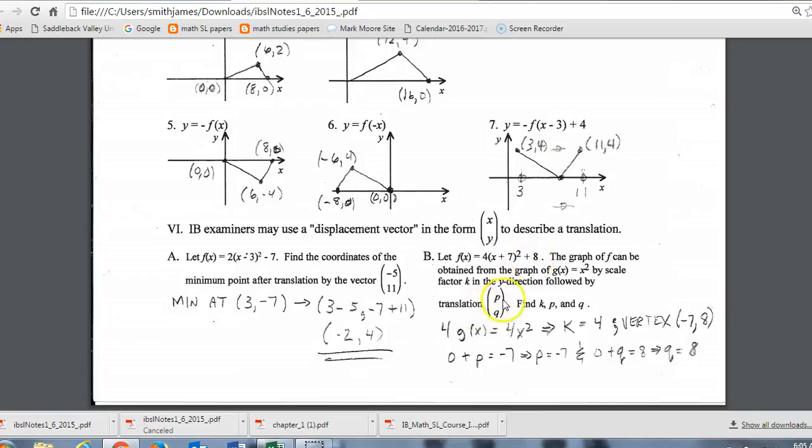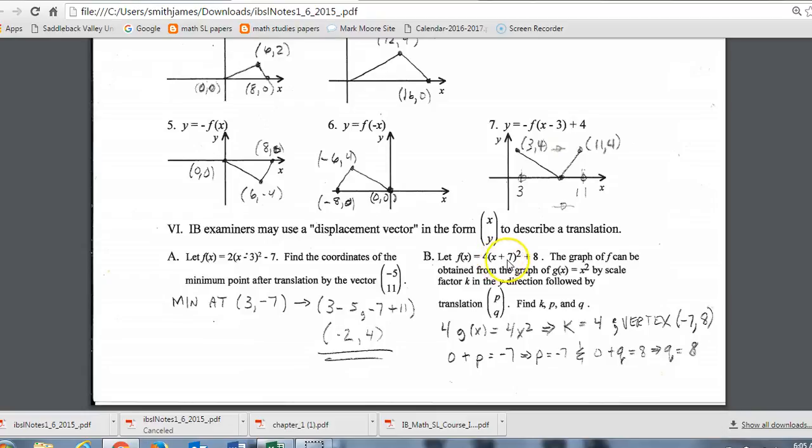They're first asking you what numbers were affected with the translation. So this would be the x change, this would be the y change, and then k is the scale factor. So you're just identifying what those numbers are. If I just go from left to right, here's the k value. That was my scale factor, so k would be 4.